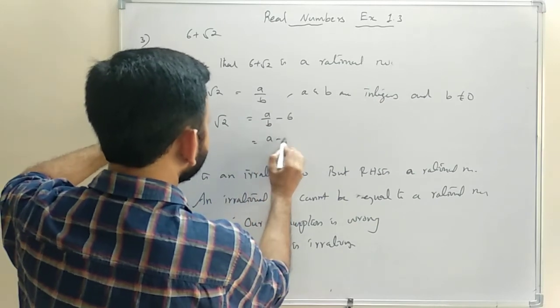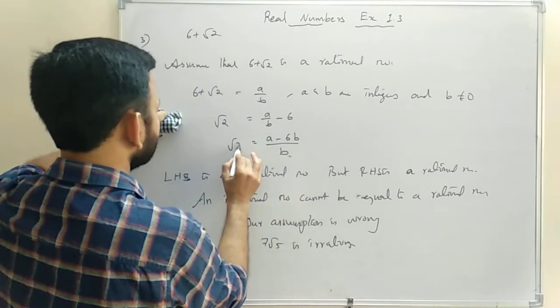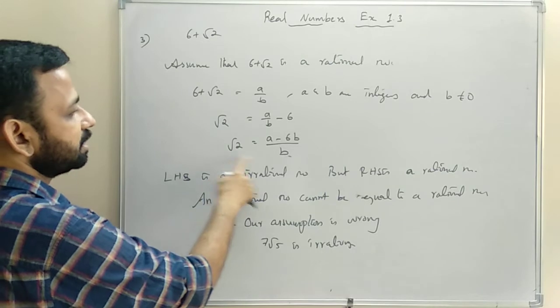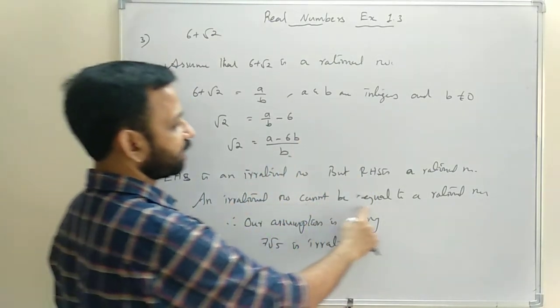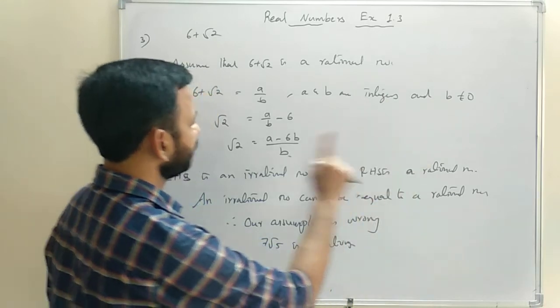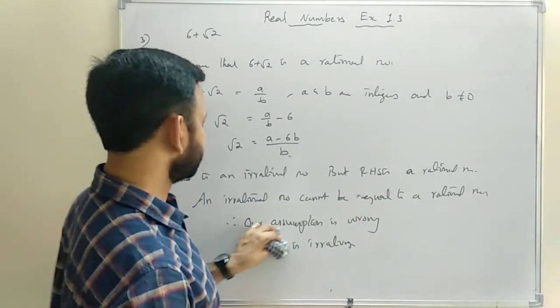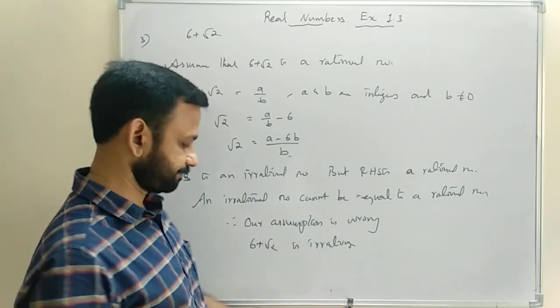That is, taking LCM, a minus 6b upon b, which is root 2. And here LHS is an irrational number, RHS is a rational number. An irrational number cannot be equal to a rational number. Therefore, our assumption is wrong. Therefore, this number 6 plus root 2 is irrational.